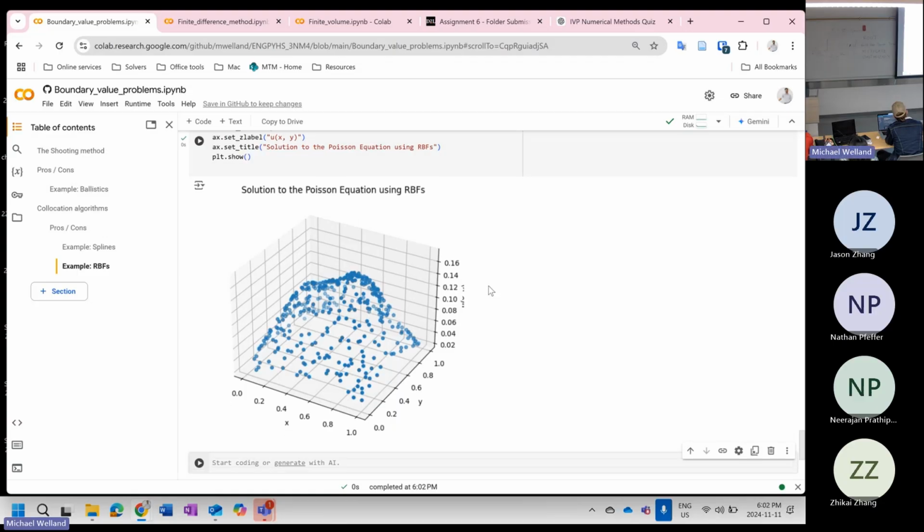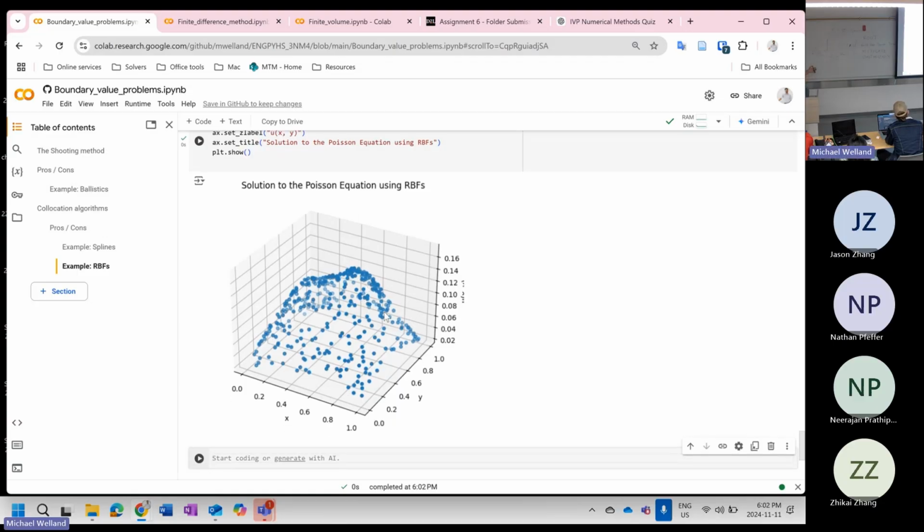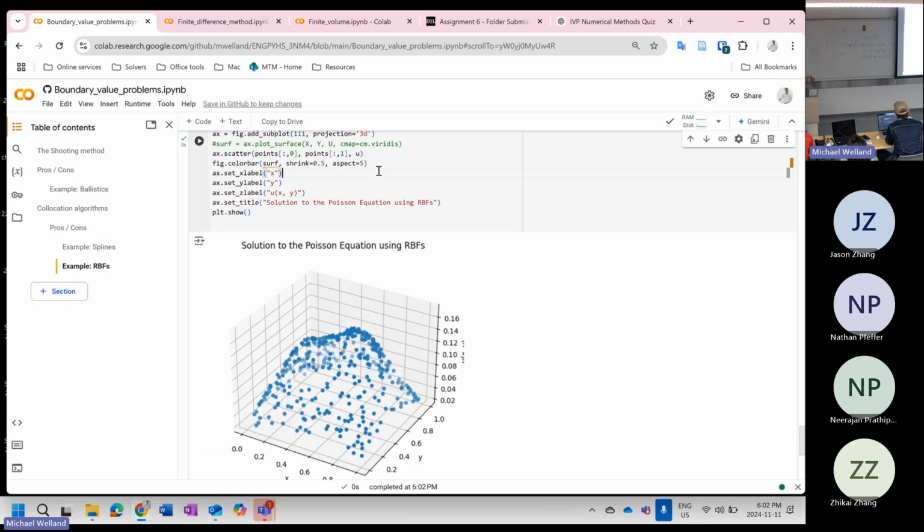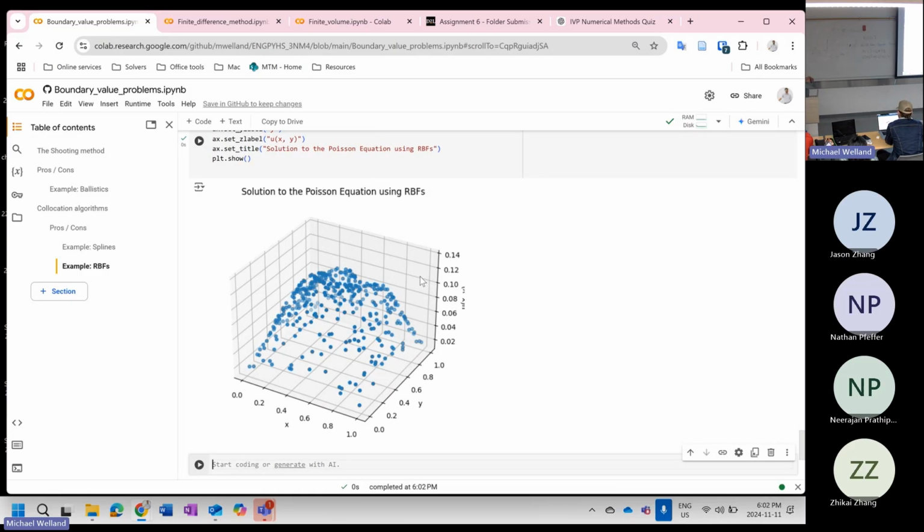And there we go. So this is a complete random sampling of points, and we actually still get a pretty good solution. I've seen it better though, so let's rerun it. Right now we've got a different set of uniformly randomized points, and we still get a good solution to this, right?